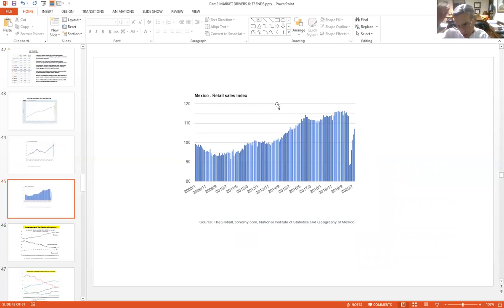This is Mexico. I chose Mexico because we talked earlier about its GDP per capita. Remember that? And here we can see that the pandemic effect occurred, and a recovery is occurring, but nothing like the recovery that has occurred in the US and Europe.